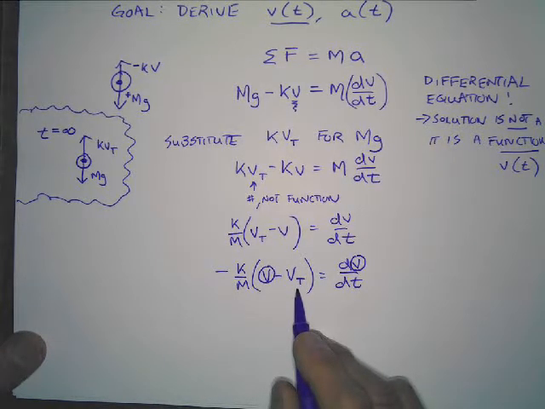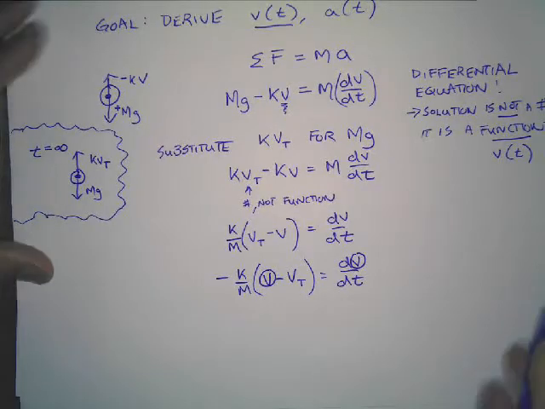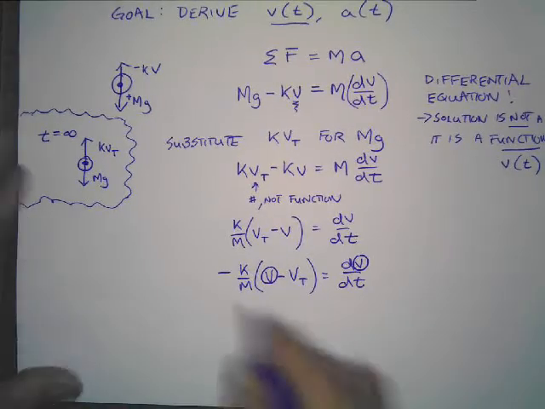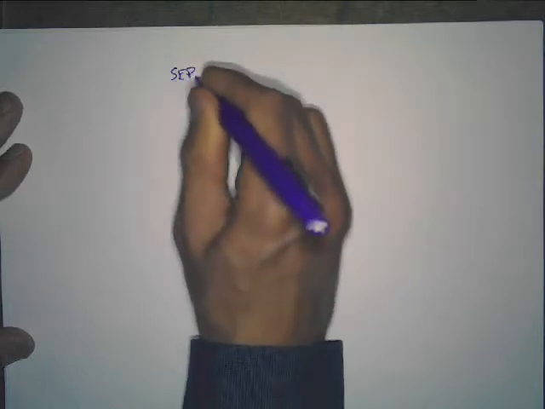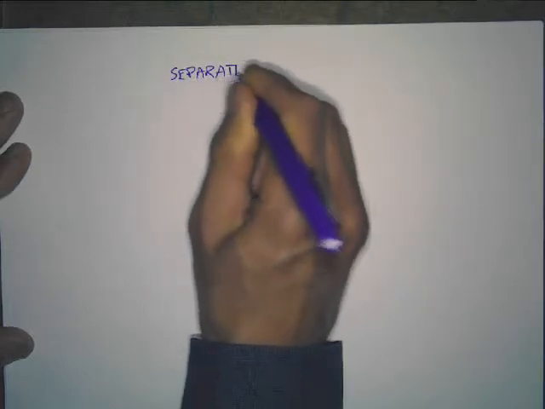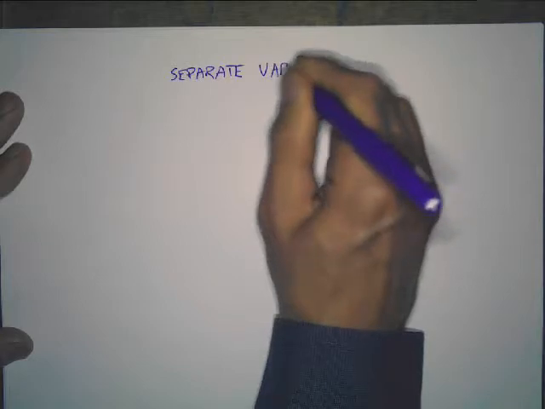Okay, so what we're going to do then is to actually use a technique called separation of variables. And I'm going to go to a different page here. So the way that you solve that equation is a technique called separating the variables.